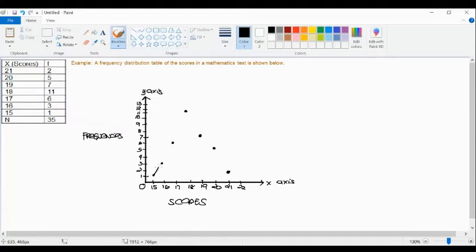So we're going to connect the dots. So there, if you can see in this frequency polygon, we can say that the score of 18 got the highest frequency while the score of 15 got the lowest frequency.